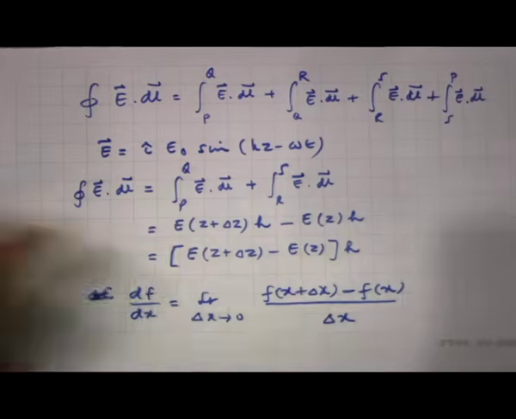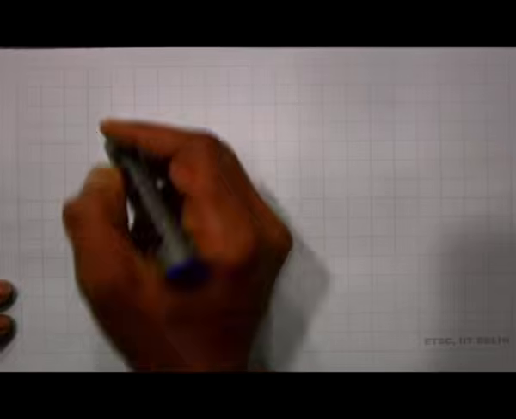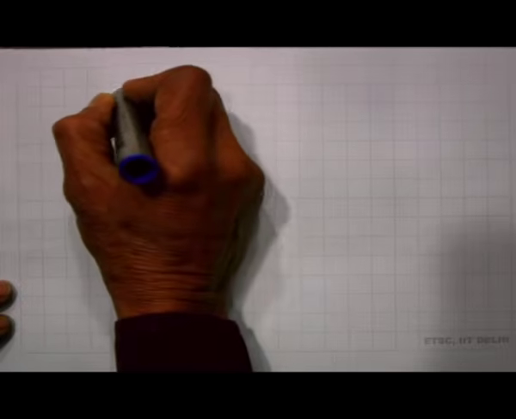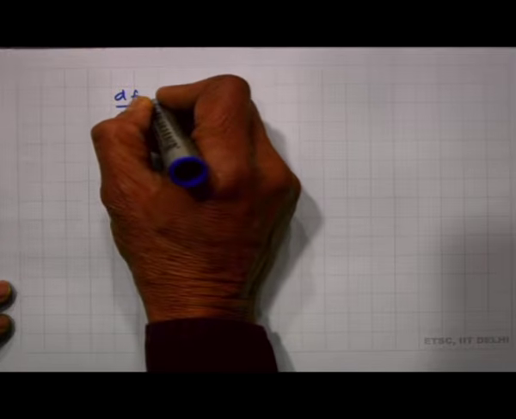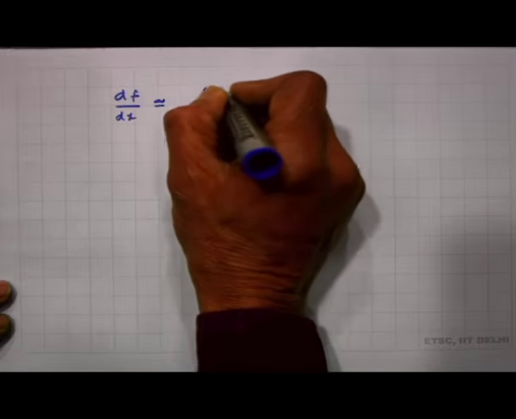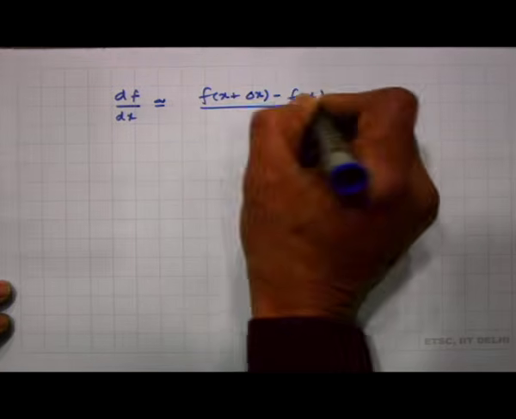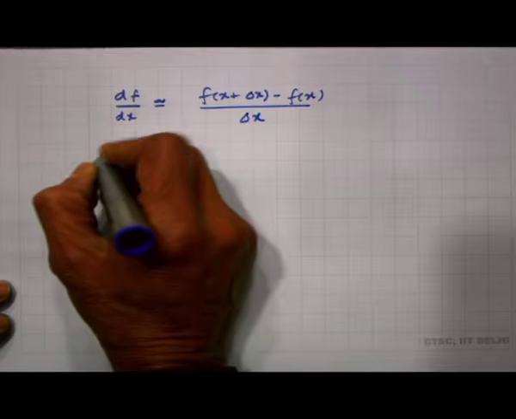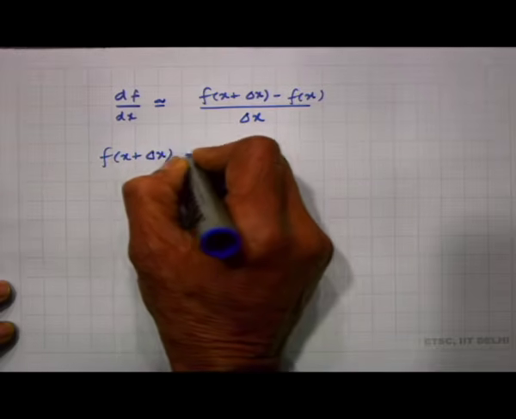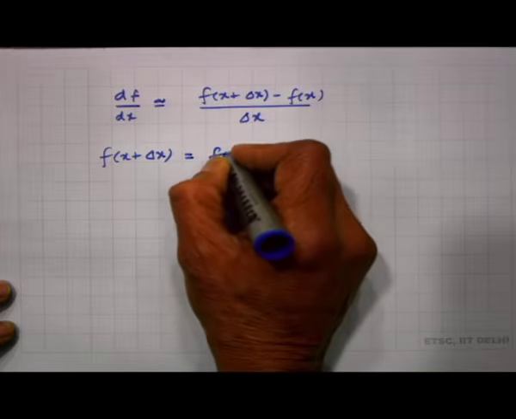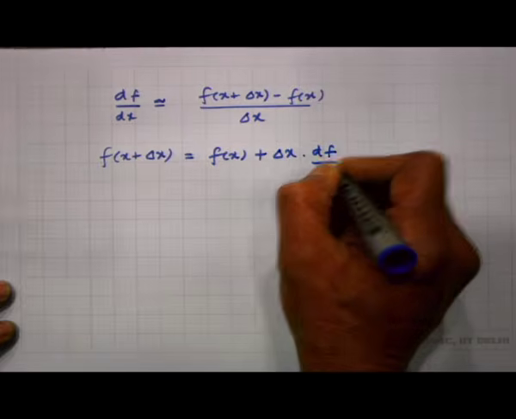So, if delta x is very small, extremely small, then I can write this as df by dx. If I choose a very small value of delta x, this is approximately equal to f of x plus delta x minus f of x by delta x. So, if I simplify this, I will get f of x plus delta x is equal to f of x plus delta x times df by dx.